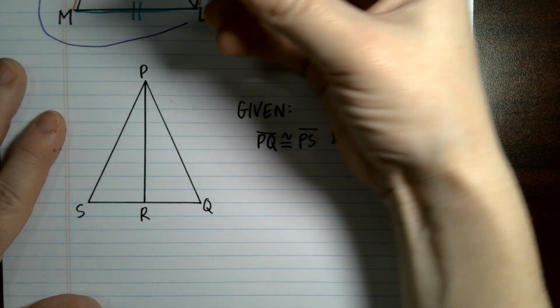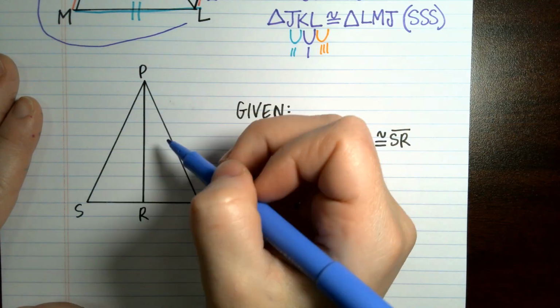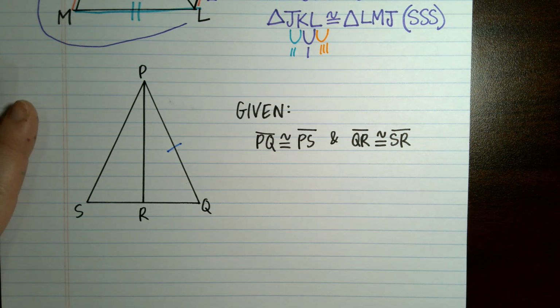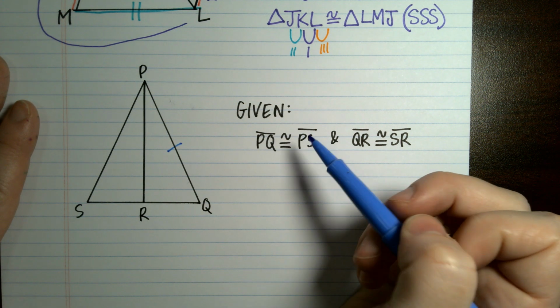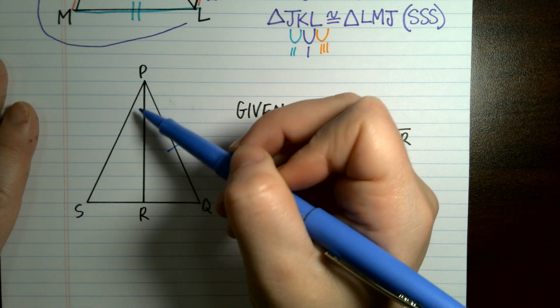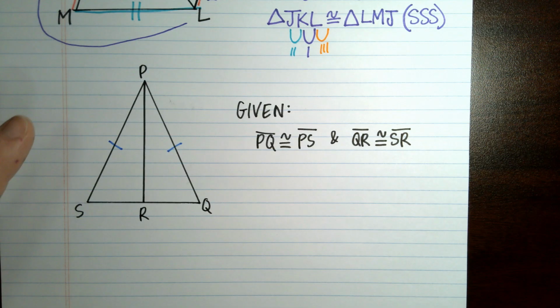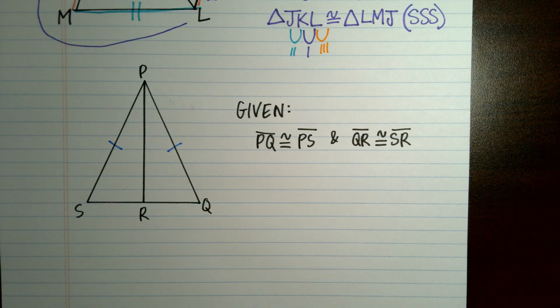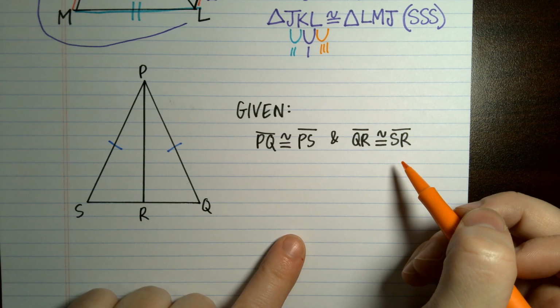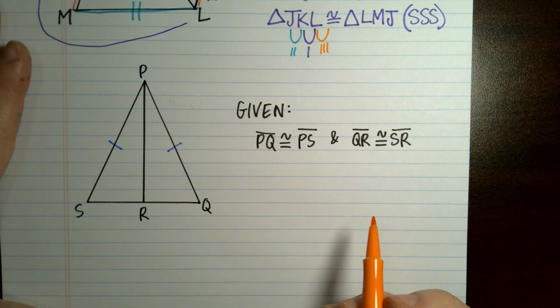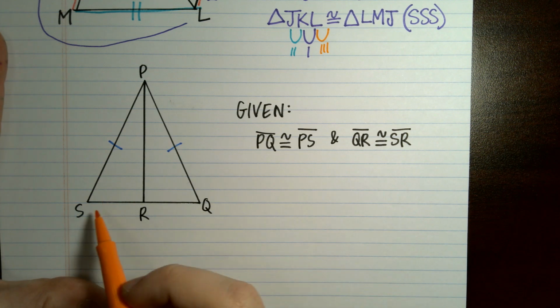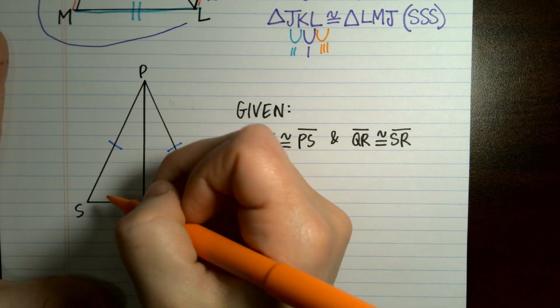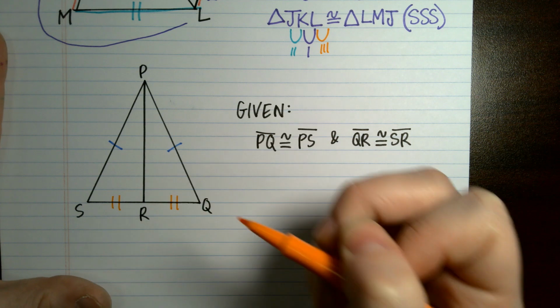So PQ is the one that goes from P to Q. So since it's my first one, I'm gonna put a 1 tick mark. PS, the corresponding side over here. Perfect. Okay. How about the next set of congruent sides? QR and SR? Yes. So how would I mark these as congruent, QR and SR? With two lines. Yes, 2 tick marks.